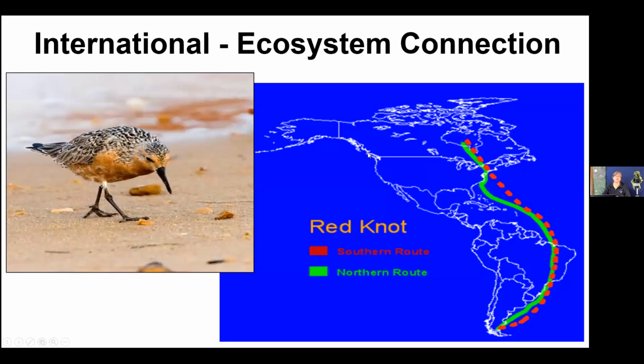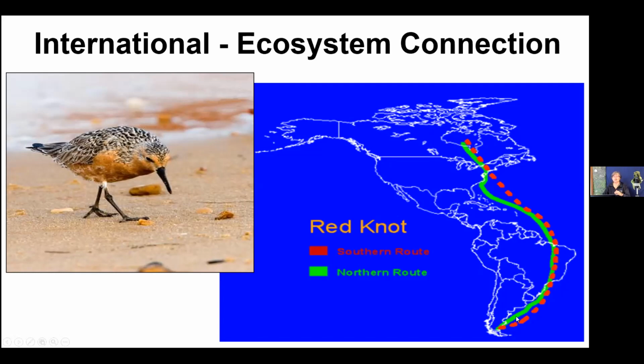But some birds, like this little red knot, not only travel within North America, but this little bird every year travels all the way from its nesting grounds here in Nunavut in the tundra, all the way down, past you again, all the way down to the tip of South America. That's where they overwinter.